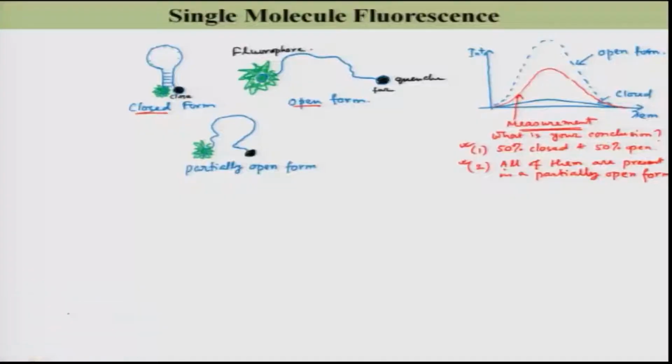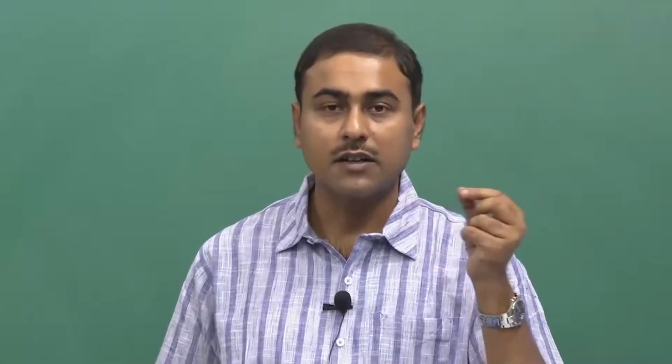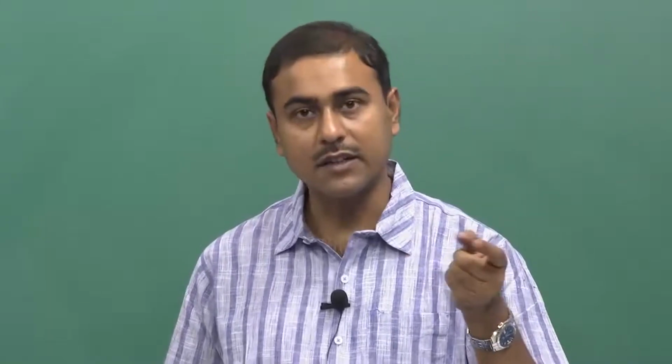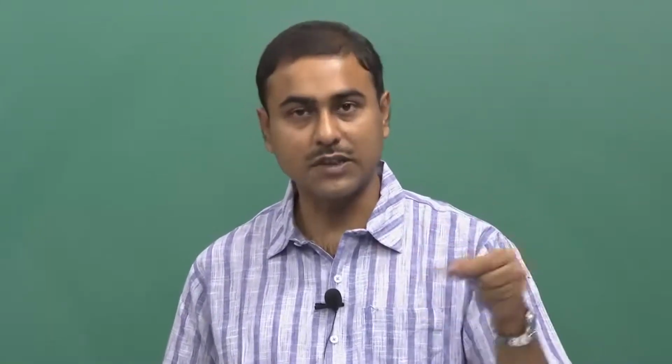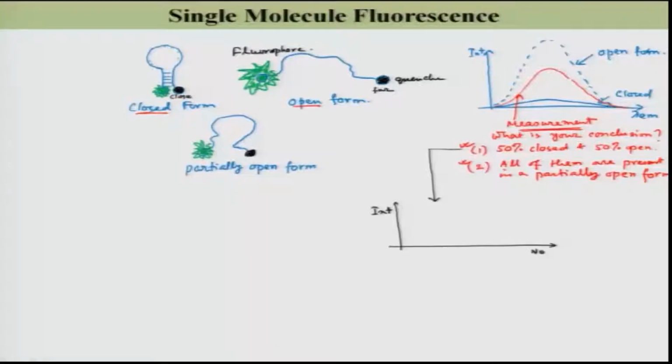If it is case number 1, then consider the fluorescence intensity versus the number of molecules. Here is intensity, and here is which molecule you are measuring: molecule 1, then second, third, fourth, fifth, and so on.